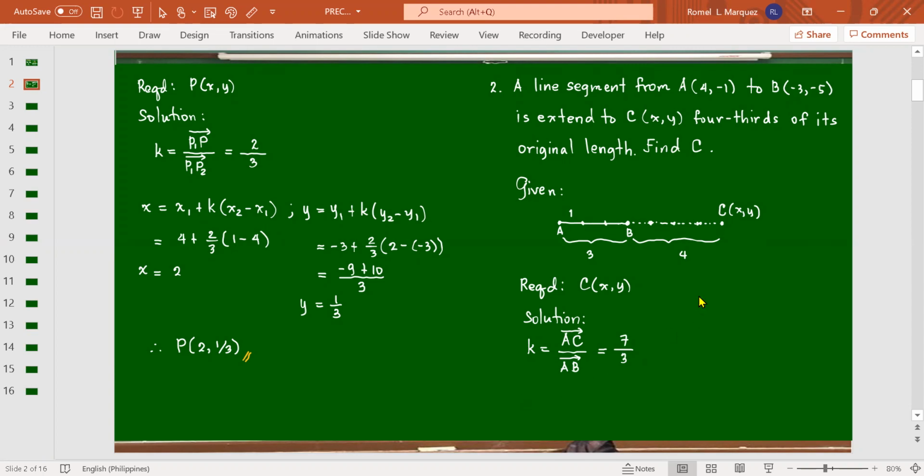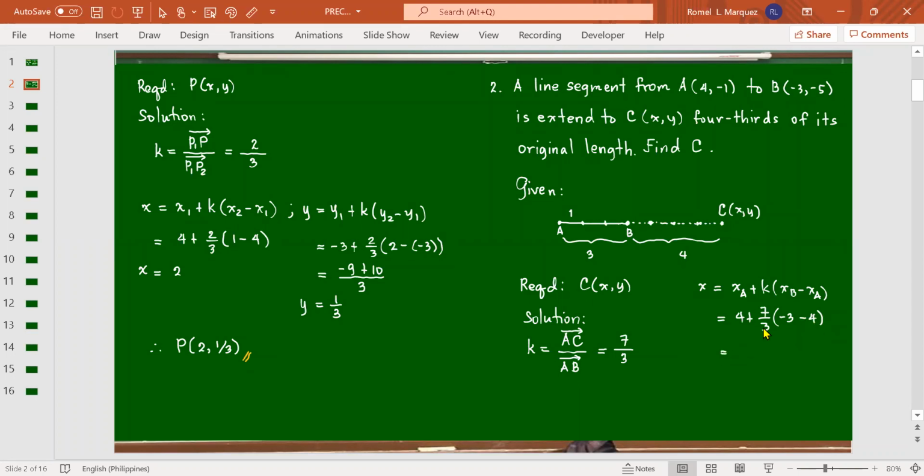Solving for X, we have X sub A plus K times X sub B minus X sub A. What is our X sub A? 4. K, 7/3. What about X sub B? Negative 3, no? Then minus 4.